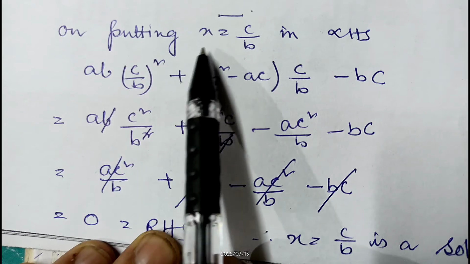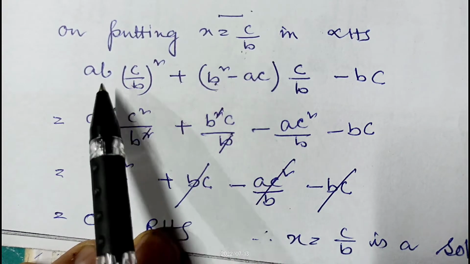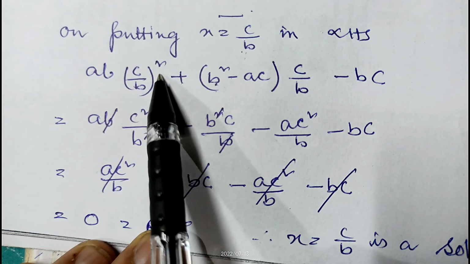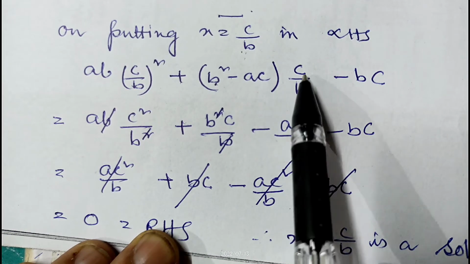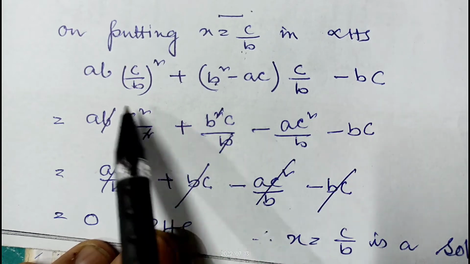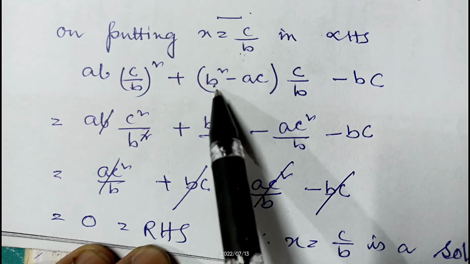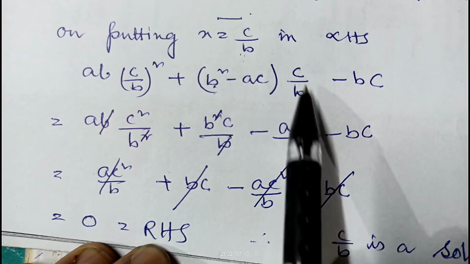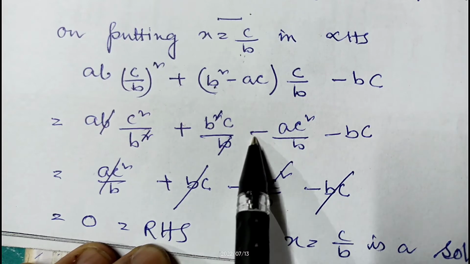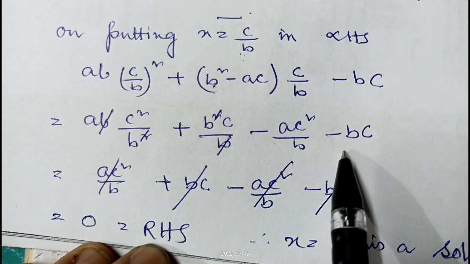In the second part, it is given x equal to c by b. So if we replace x by c by b, it will be ab into c by b whole square, plus b square minus ac, instead of x we are writing c by b, minus bc. So ab into c square by b square, plus b square into c by b, it will be b square c by b, minus ac into c, ac square by b, minus bc.